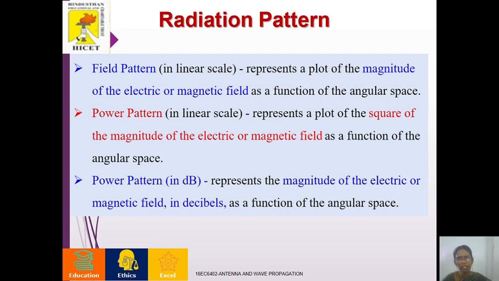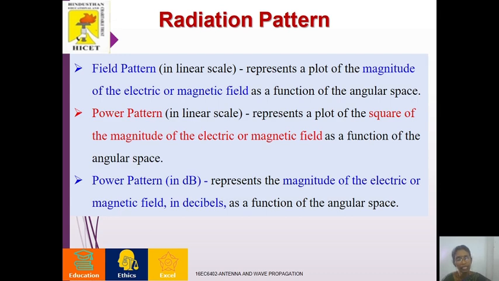This radiation pattern can be put in two forms. One is a field pattern, the other is a power pattern. Field pattern is normally represented on a linear scale as a plot of the magnitude of electric or magnetic field as a function of angular spatial coordinates, that is theta and phi.